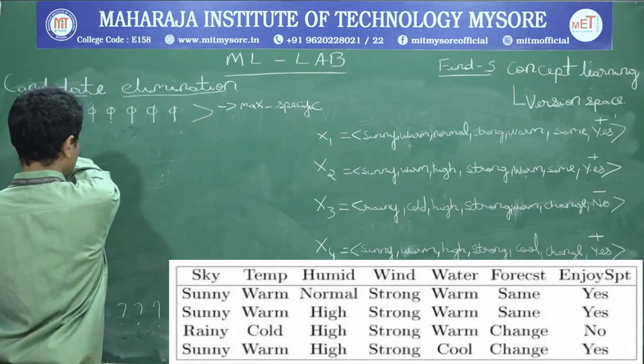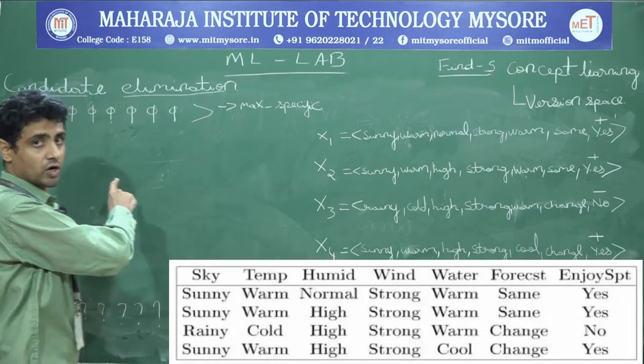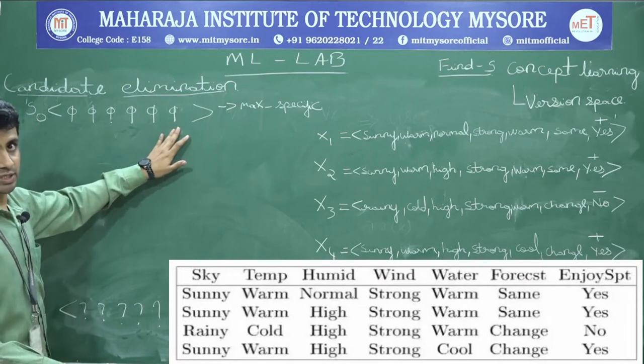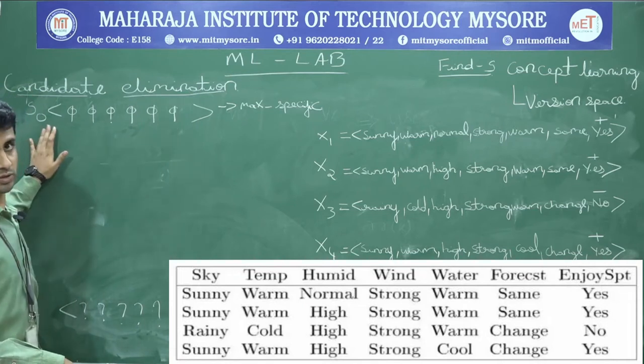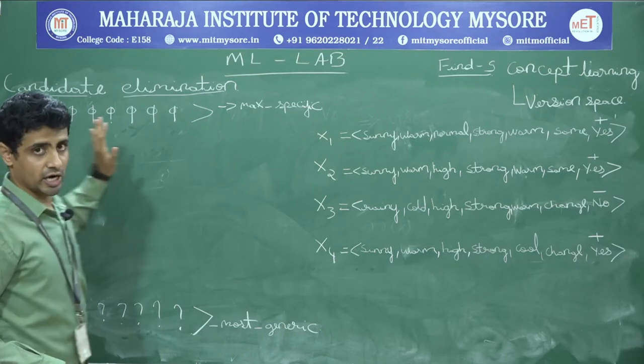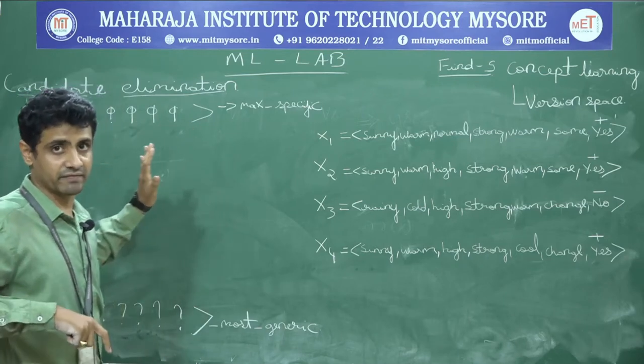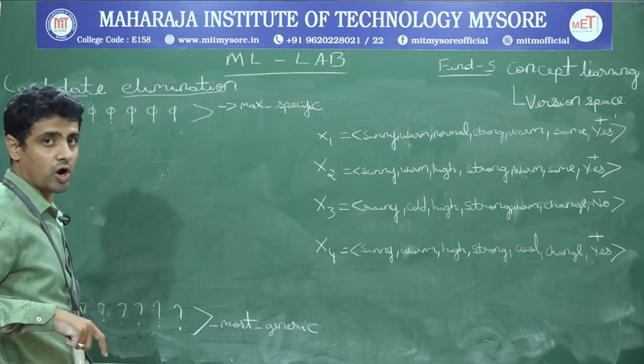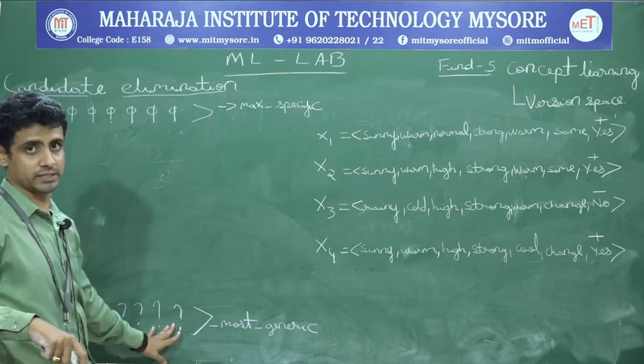I have taken S0, with 6 phi's to define the specific hypothesis, because initially I have not yet started with any example, so I have defined it as phi. In case of the generalized, I have taken all 6 question marks.